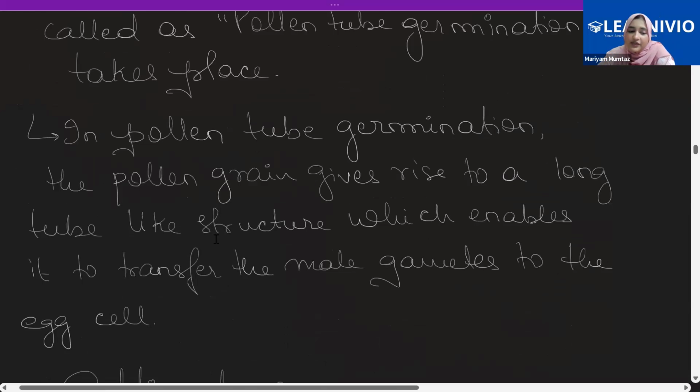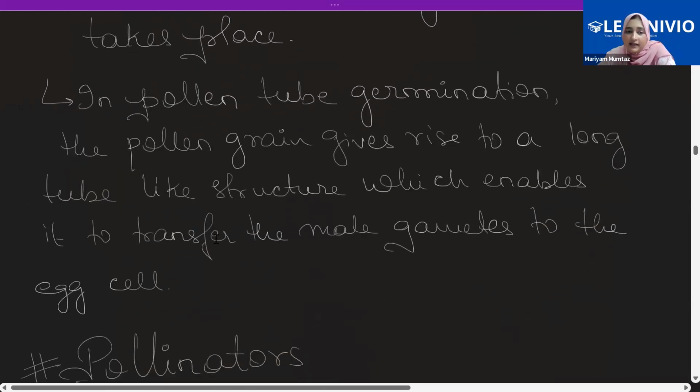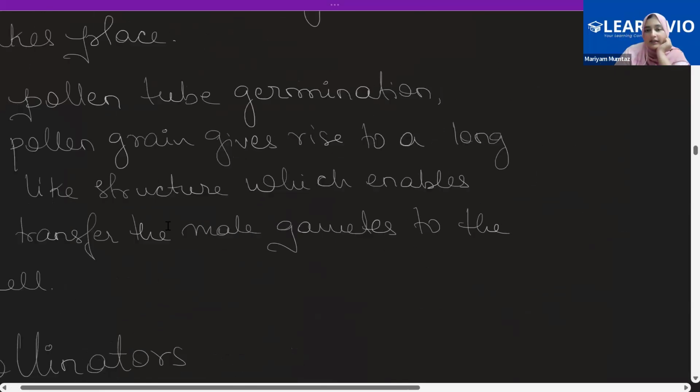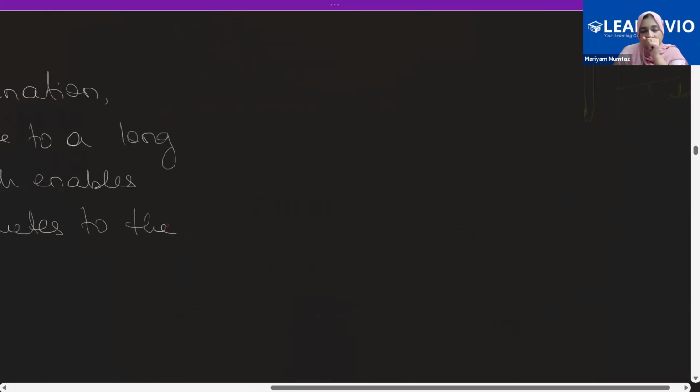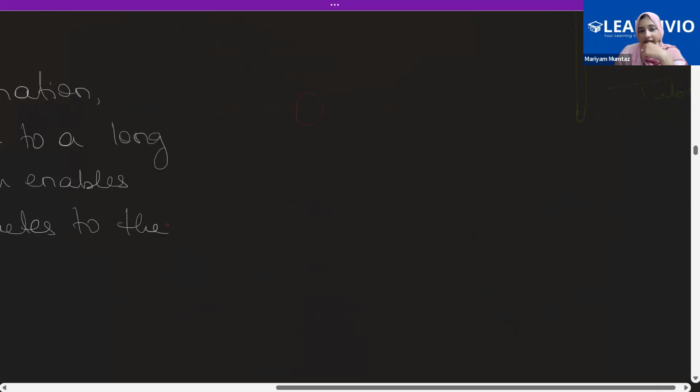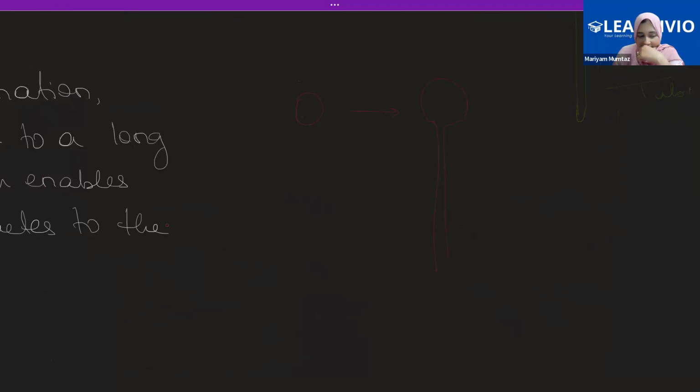Basically, what happens during this phenomenon? In the case of pollen tube germination, for example, this is a pollen grain. When pollen tube germination takes place, it grows a tube-like structure like this. This is called the pollen tube. Now the question comes along, why is it grown?